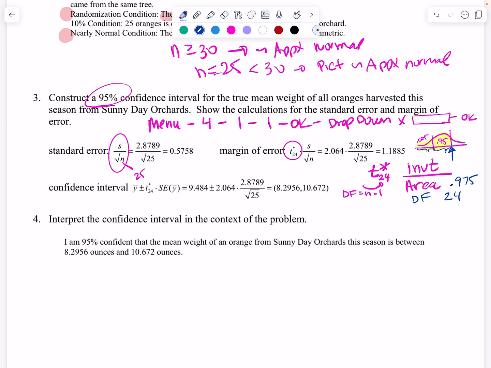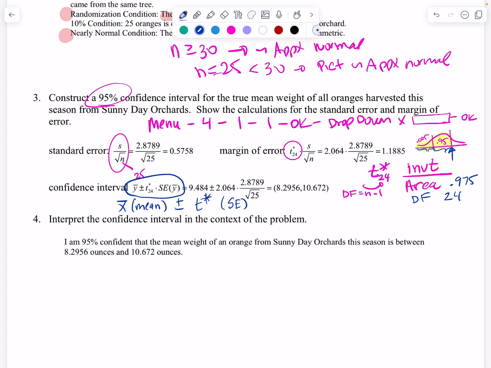All right, so after that, you are going to go ahead and do the confidence interval. So remember, the confidence interval, here is the formula here. It says Y bar. It doesn't matter if you use Y bar or X bar. The way you've seen it is X bar, which is the mean, plus or minus T star, and then times my standard error.